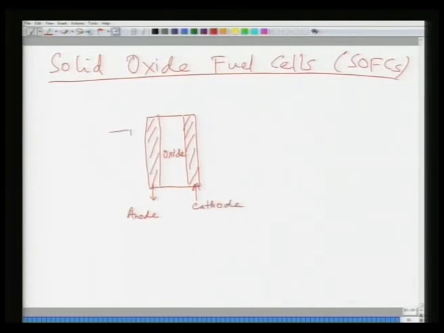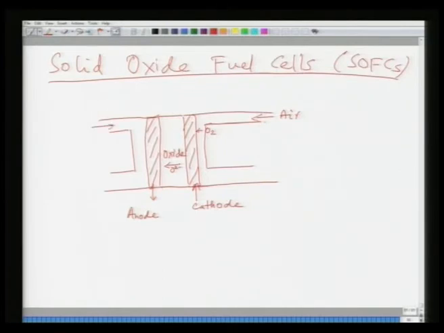What happens in these is, you introduce air from this side, and this air provides the oxygen, and through this oxide you have O2 minus conduction.